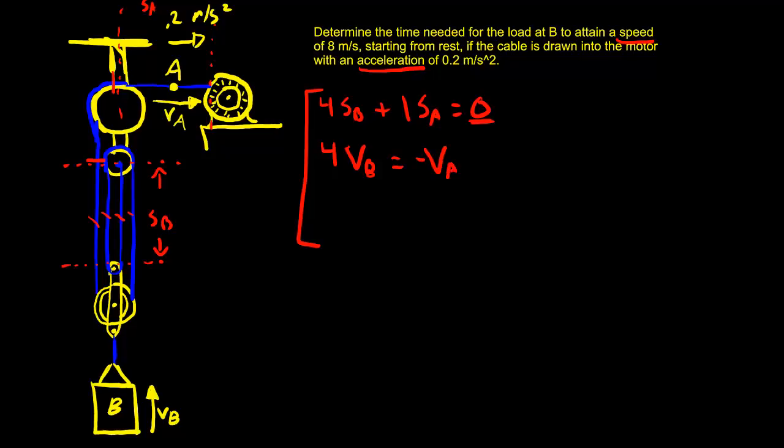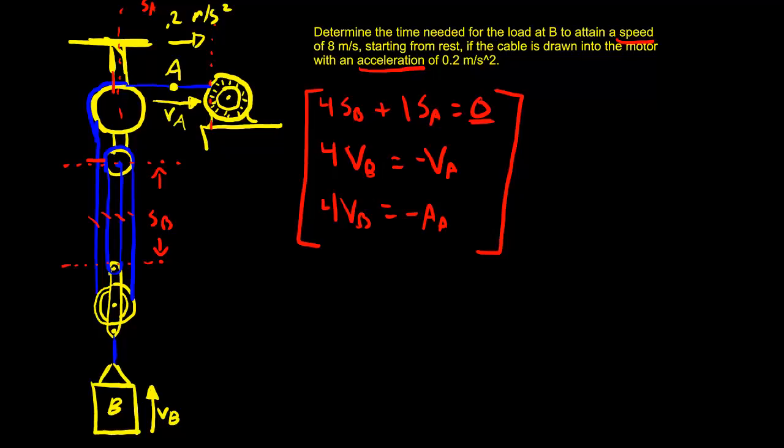Now let's write this in terms of acceleration. We can again say that we have 4 VB, and that's equal to the negative acceleration at A, because we're going to subtract that from the other side. If this doesn't make sense to you, let me explain it a little better.